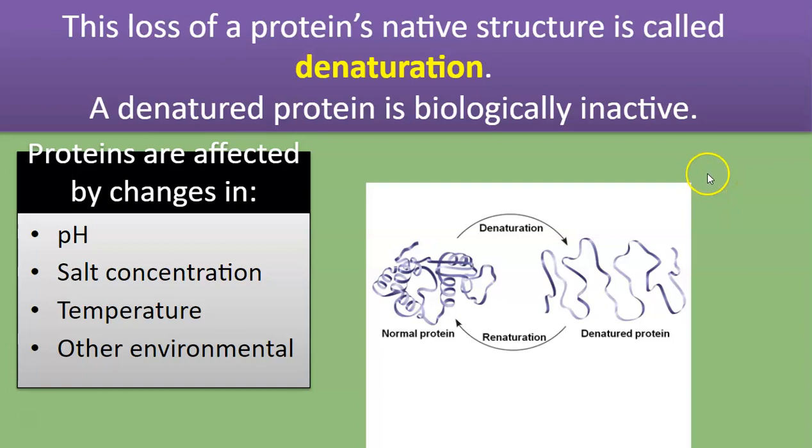You can mess with the salt or possibly other environmental things. So every protein kind of has a sweet spot for all that. And when you go outside those ranges, that's when you start to get problems, which is why we can't have fevers super, super high, because then our proteins start to denature. Or if our pH range gets way out of whack, then things in our blood, for example, can't perform their duties.